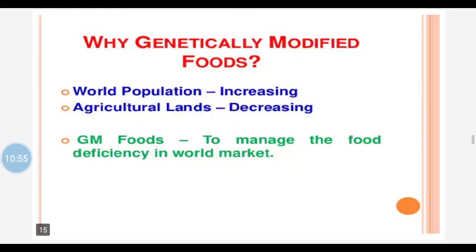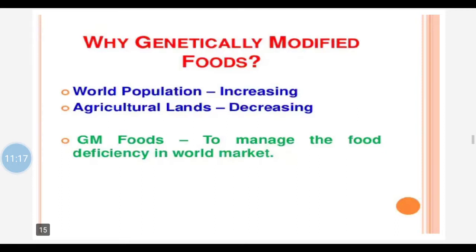And that also will not grow in large quantity, but to fulfill the demand of the existing population, this newer technique is used nowadays. And the other reason is that agricultural land is nowadays decreasing.